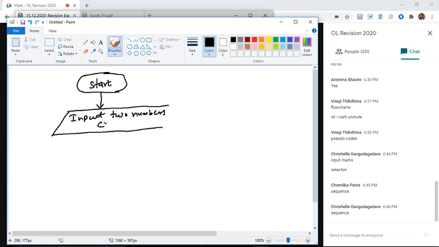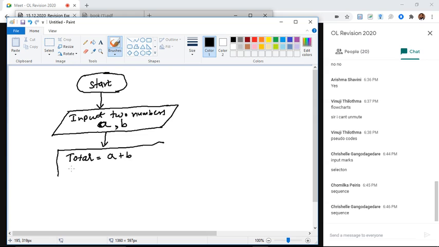I'll take A and B. Then how can you take the total? Then you have a process. So what will be the process? Total. How can you find the total? A plus B.